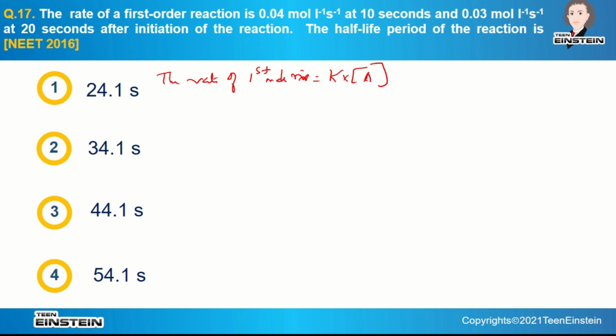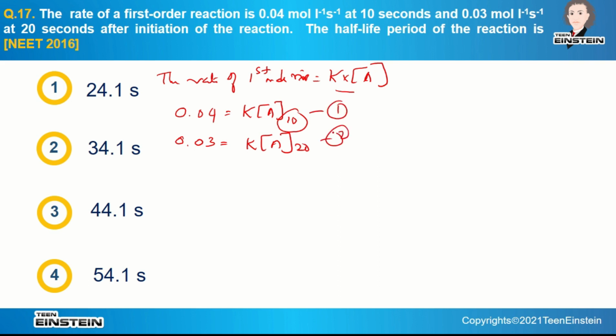The rate 0.04 is equal to K[A] at 10 seconds. As well as for 20 seconds, the rate is 0.03, which is equal to K[A] at 20 seconds. So this one is equation 1, this one is equation 2.